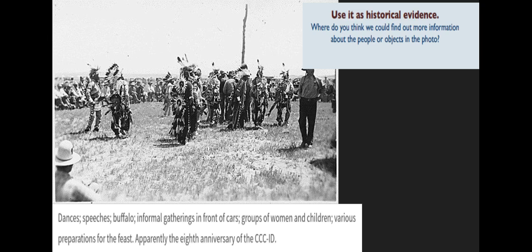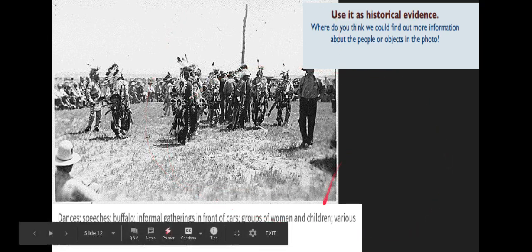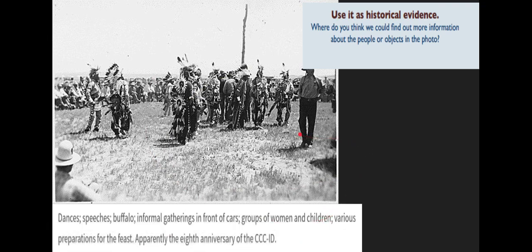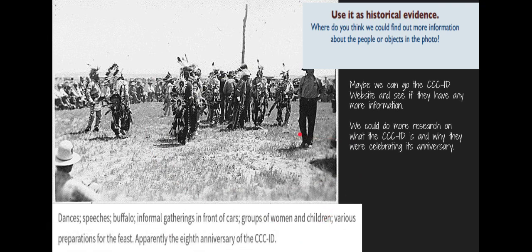Well, we could look at the CCCID, maybe go to their website and see if they have any other information. We could do more research on what the CCCID is and why they're celebrating its anniversary. I mean, just understanding the photo, using what you know, that's probably how we could use it as historical evidence.